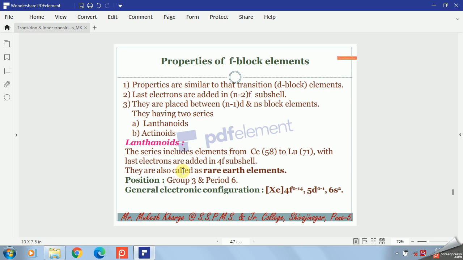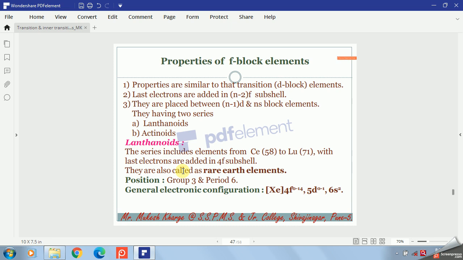That's why the name is rare earth element. But nowadays, due to newer separation methods like ion exchange resins, the separation of these elements has become easier and more economical. So nowadays the name rare earth element is not used for lanthanides.